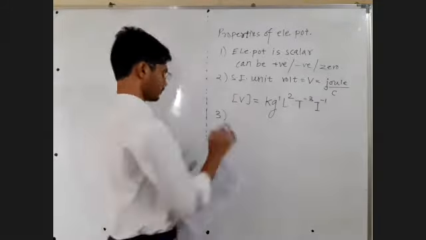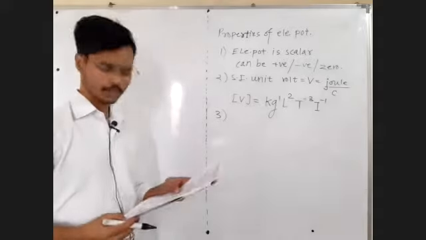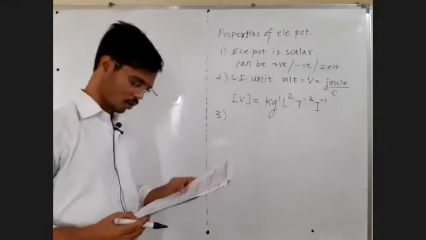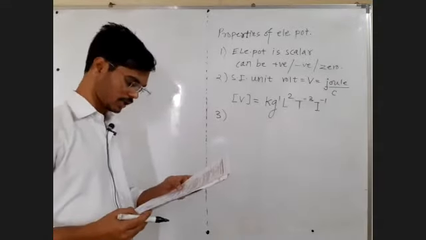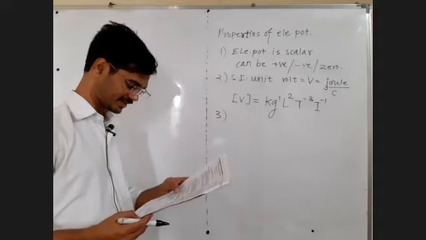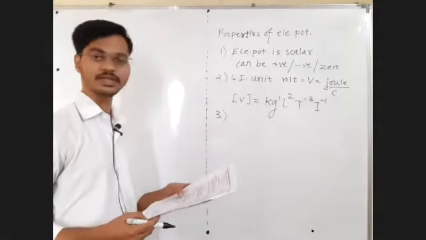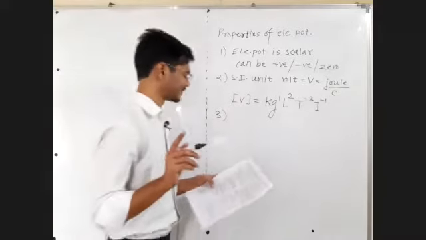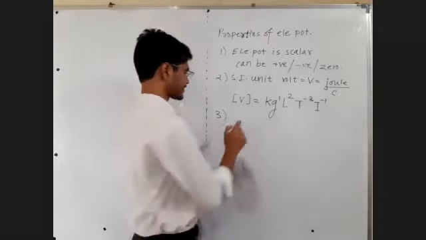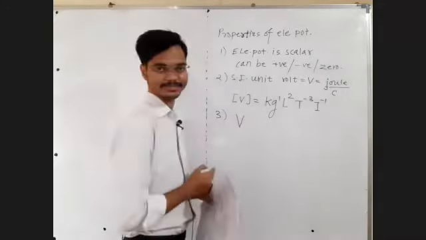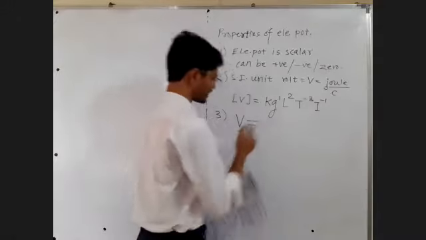Number 3. Electric potential at a point is also equal to the negative of the work done by the electric field in taking the point charge from the reference point, that is from infinity, to the given point.